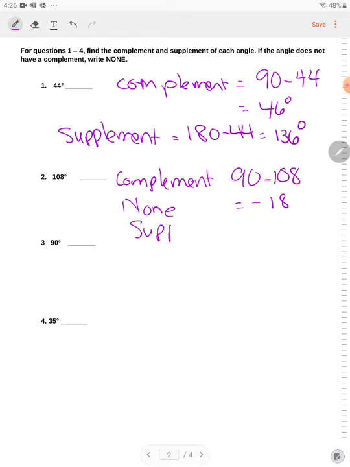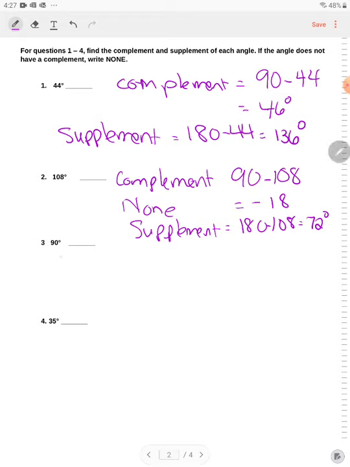Supplement is 180 minus 108, which gives us 72 degrees. So with an angle that's obtuse, because 108 is greater than 90, there is no complement.